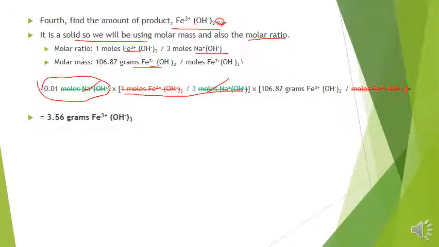When you do that, the moles of sodium hydroxide cancel out, and then you multiply it by the molar mass, and moles of iron hydroxide cancel out, and then you do the math. 0.01 times 1 divided by 3 times 106.87, and you end up with 3.56 grams of iron hydroxide.